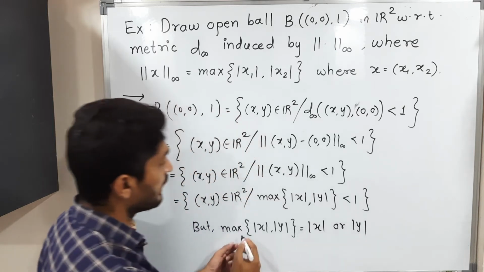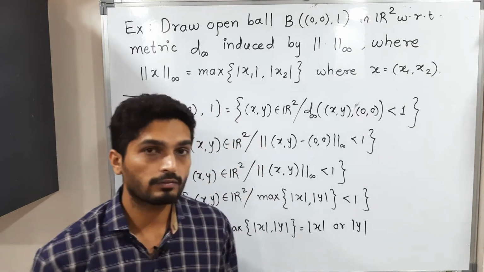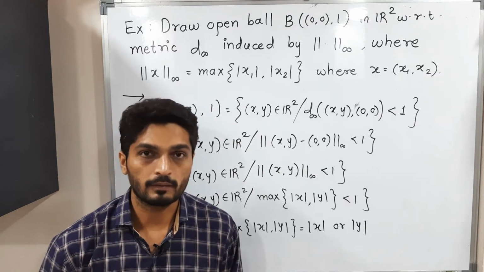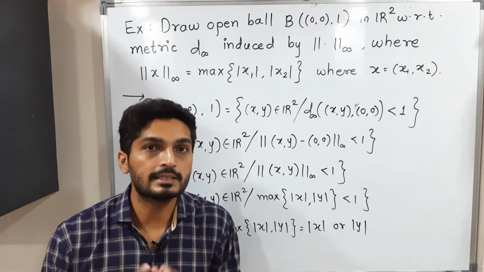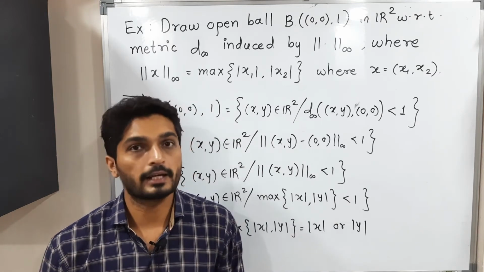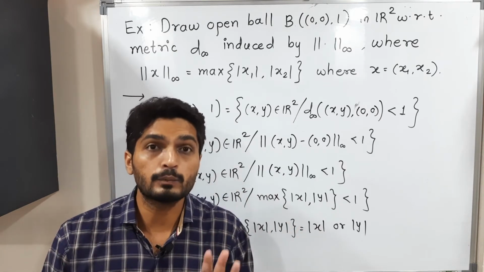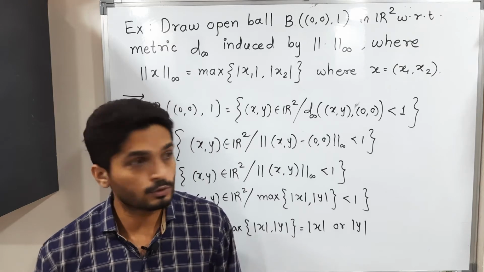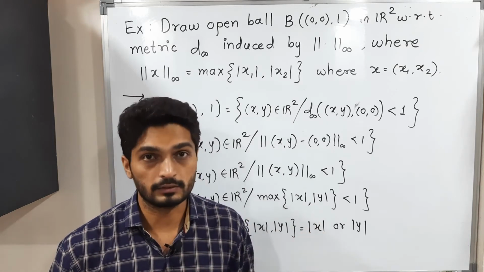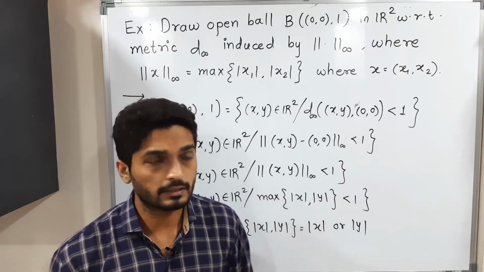That means either its value is mod x or its value is mod y. Here we have strictly less than. But when we draw the diagram, we need to consider equality. After drawing the diagram, we can decide which region is mentioned there. So here also I will consider equality, and after that we will decide the region.